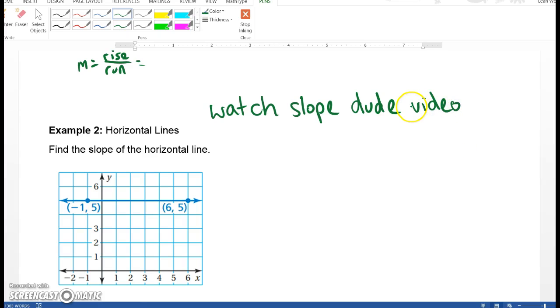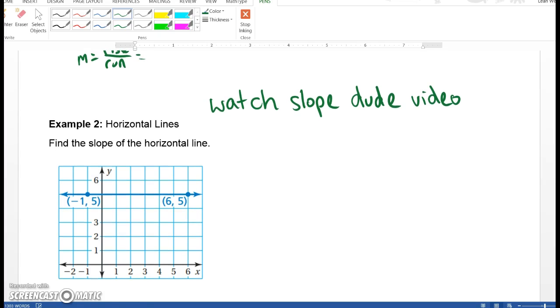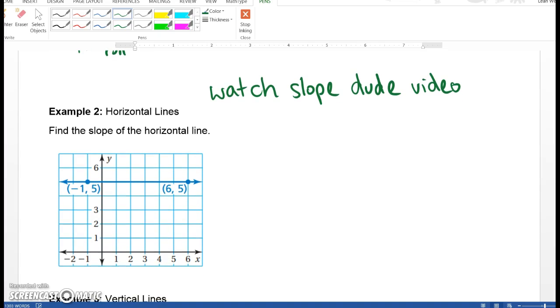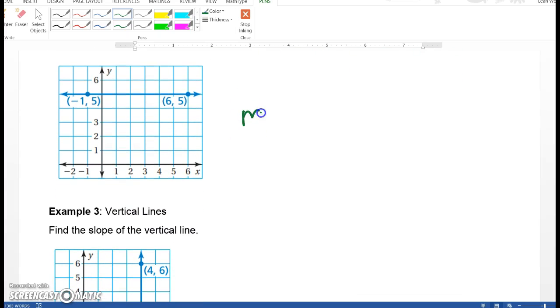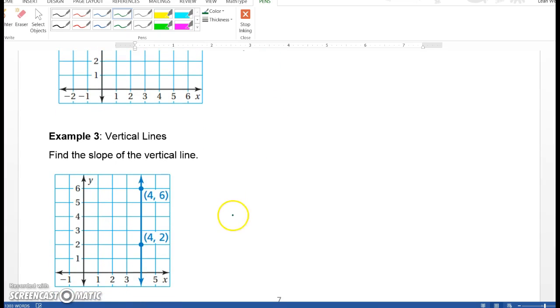And once you watch the slope dude video, you are going to know about the slope of these next two. So you're going to watch that, and then you'll fill in what's the slope of this line, and example 3, what is the slope of this line. So basically you're going to finish this page after watching the slope dude video.